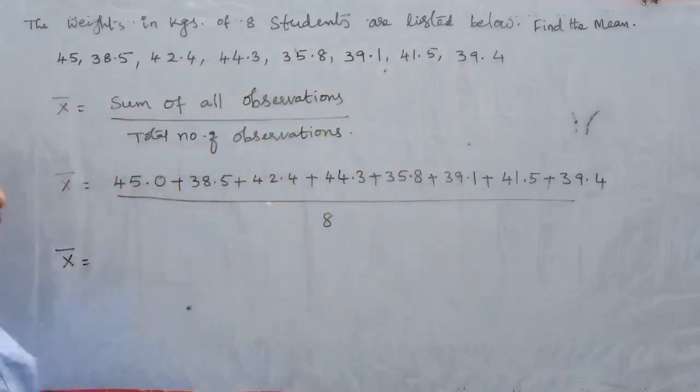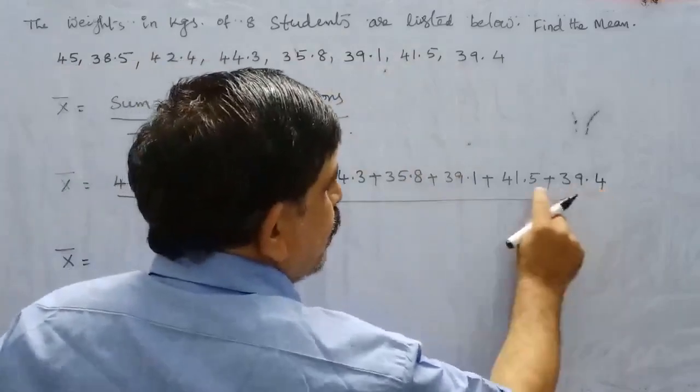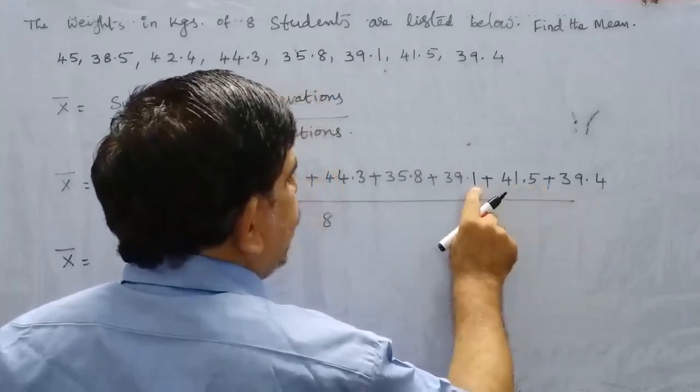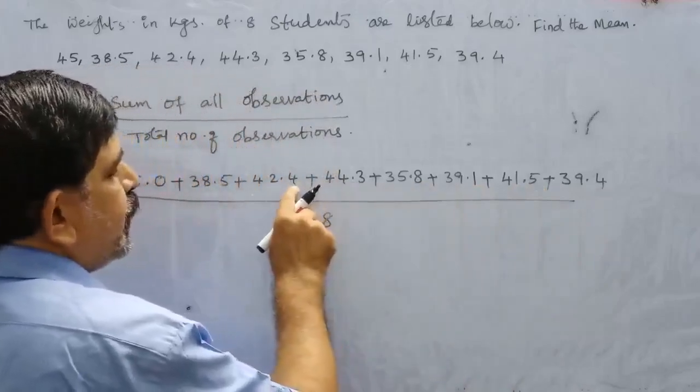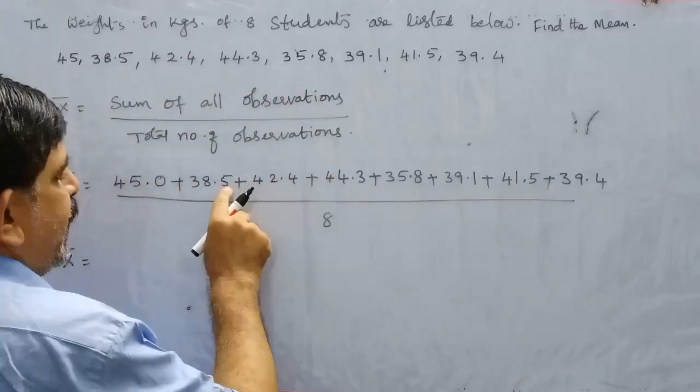X bar is equal to, see here, 4 plus 5, 9 plus 1, 10 plus 8, 18 plus 3, 21 plus 4, 25 plus 5, 30.